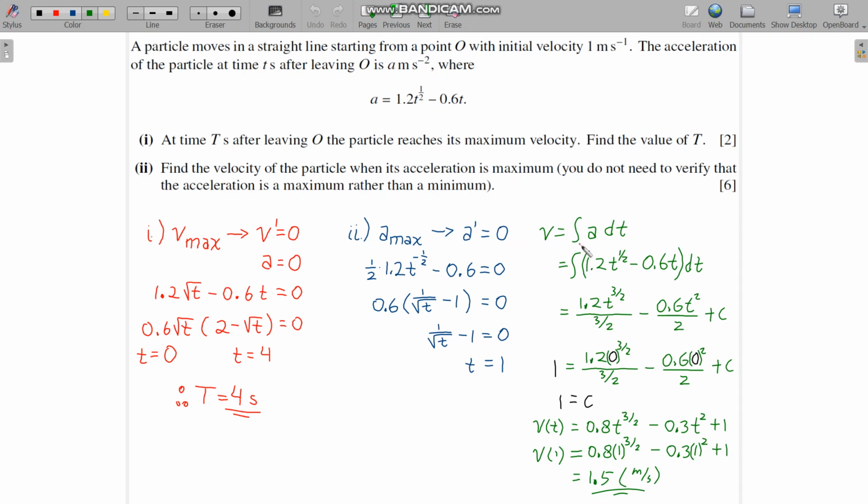To find the velocity, we can use the integral of acceleration, and we have the constant of integration, and we know that the velocity initially is 1, so when the time is 0, v is 1. We can find c, and therefore we have v of t. Plug in the t, we get the final answer.